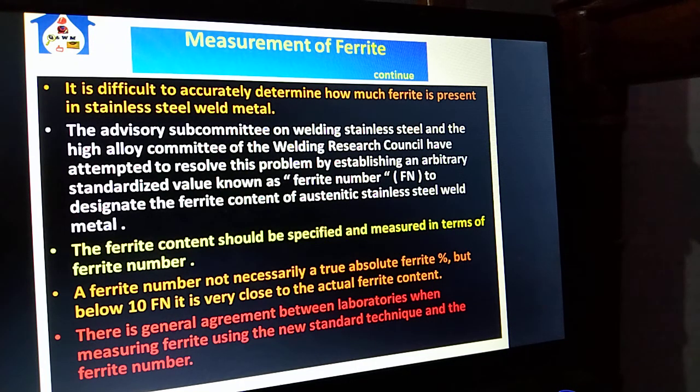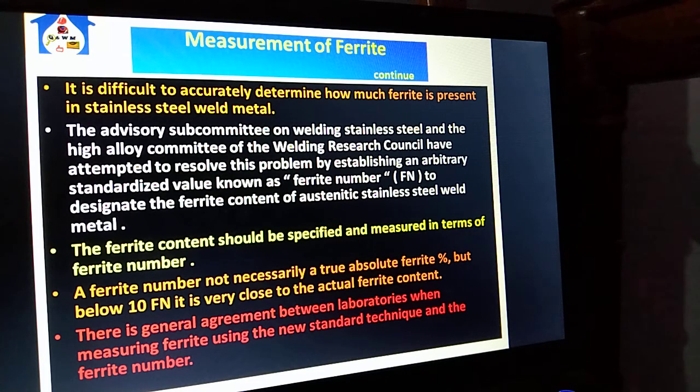Measurement of ferrite. It is difficult to accurately determine how much ferrite is present in stainless steel weld metal. The advisory subcommittee of welding stainless steel and the high alloy committee of the Welding Research Council have attempted to resolve the problem by establishing an arbitrary standardized value known as the ferrite number, FN, to designate the ferrite content of austenitic stainless steel weld metal.